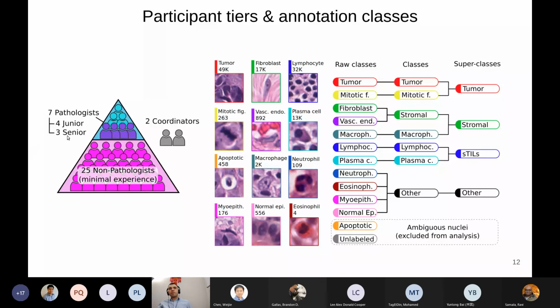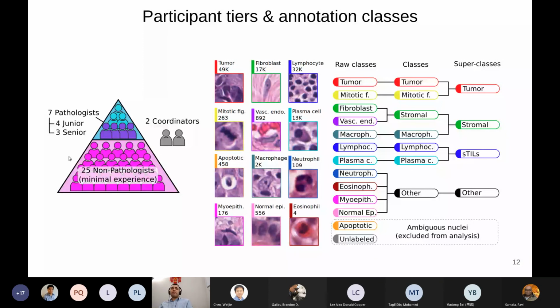By the way, the non-pathologists here are medical students and graduates, which means they have some exposure to pathology, but typically in medical school one doesn't have any deep exposure, only superficial. But their incentives tend to be more aligned with doing annotation work. They need the research, they have more time, and they're more incentivized to do the work. There's also more of them.